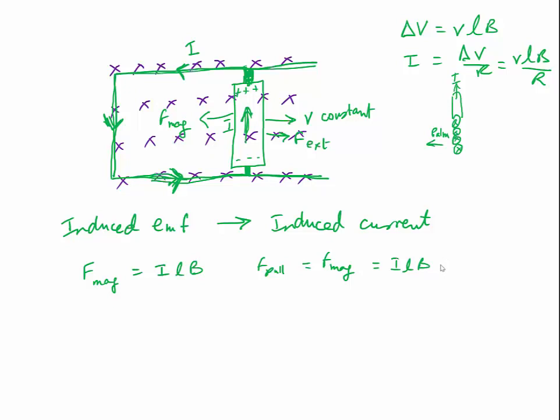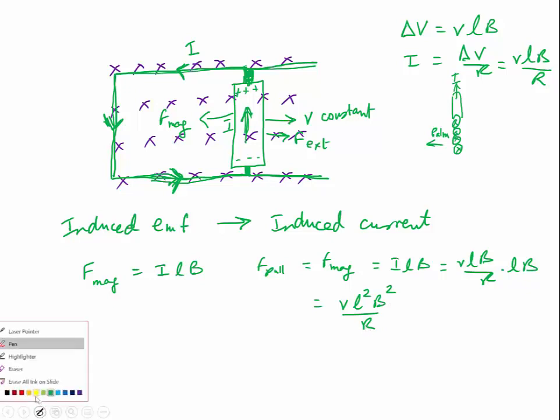So by plugging that in, instead of I, I can write VLB over R times L times B. So this gives me an expression for the pulling force as well as the magnetic force to be equal to V times L squared times B squared over R.